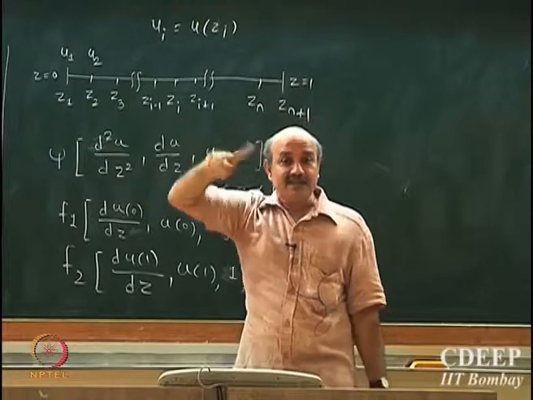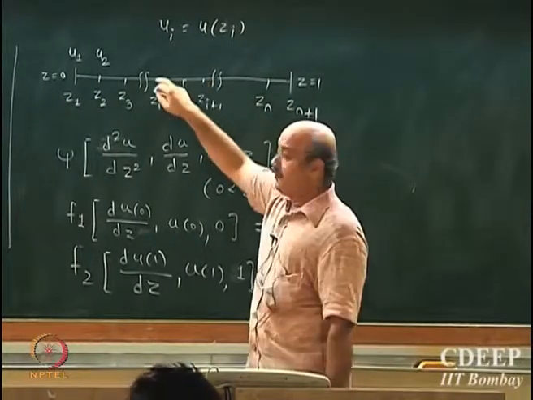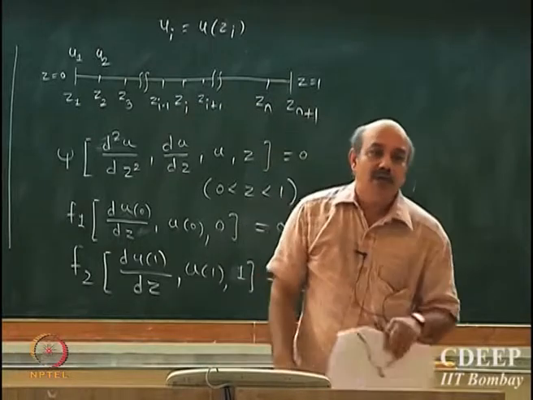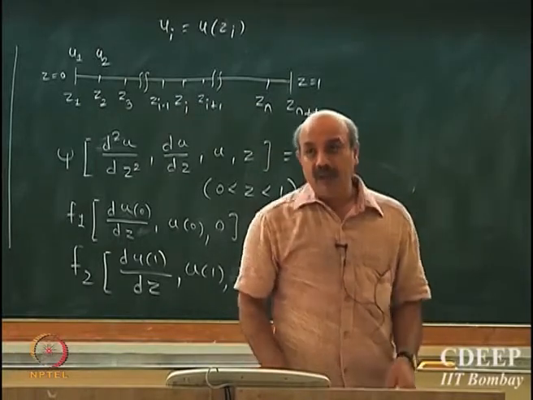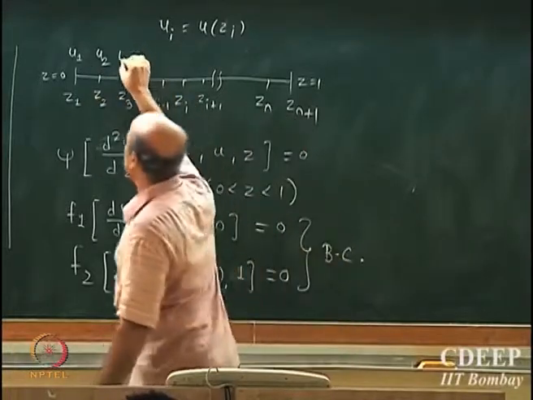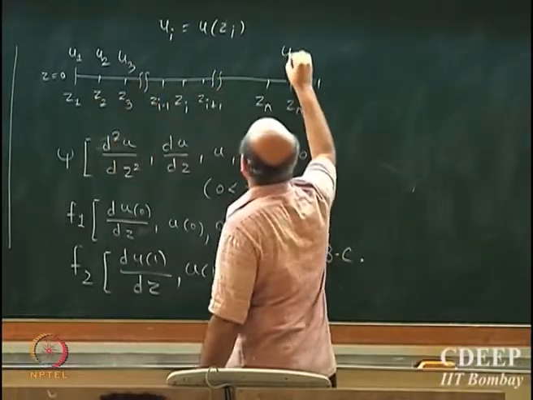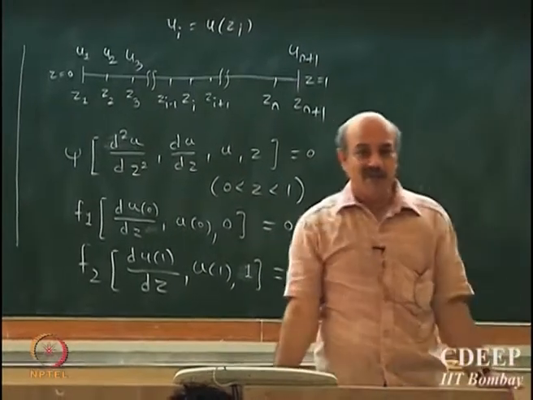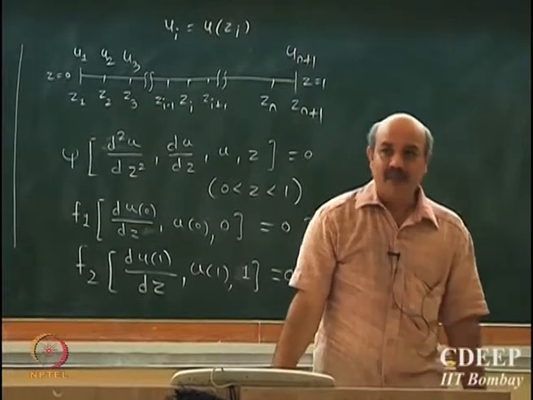Now the trouble is, when you are solving a differential equation and trying to develop an interpolation polynomial, you do not know these values u1, u2, u3 up to un plus 1.